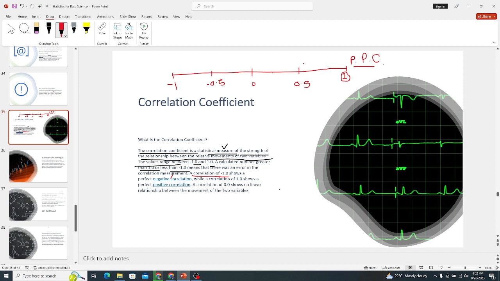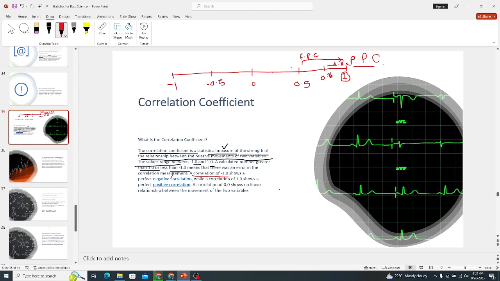We can also say that any value between 0.5 and 1 is a fairly positive correlation. As we move toward 1, any value around 0.85, let's say 85%, we can say this is a strong positive correlation.